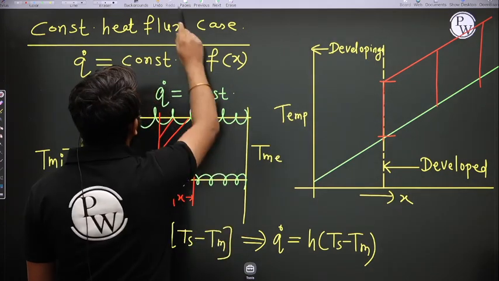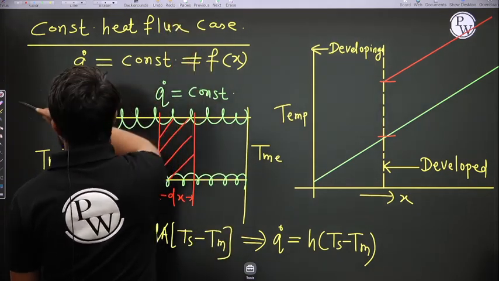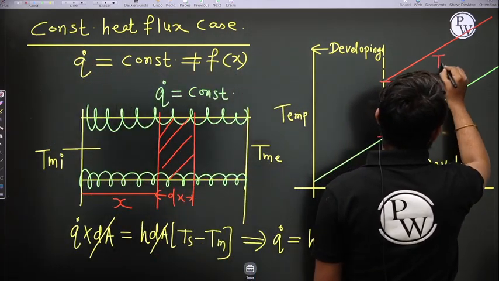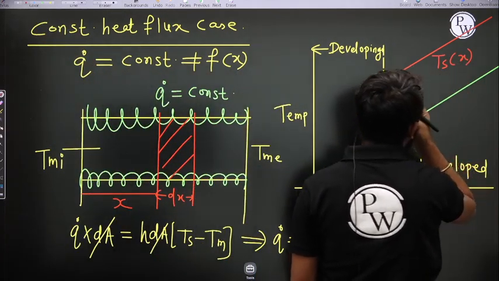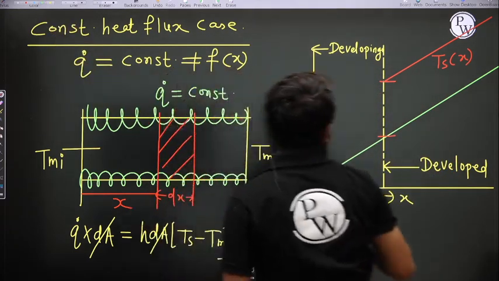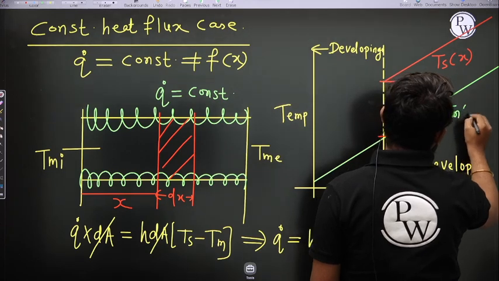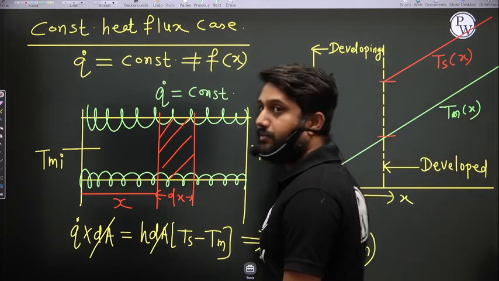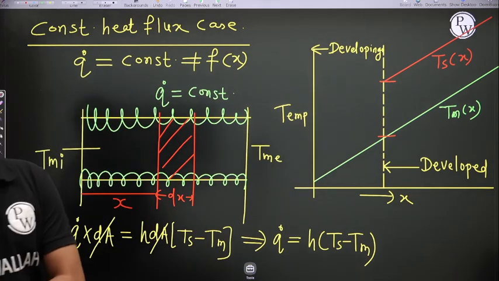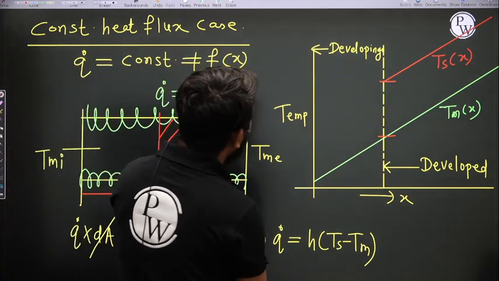So this shows the Ts of x, the wall temperature variation with x, and this shows Tm of x, the mean temperature variation with x, a straight line.